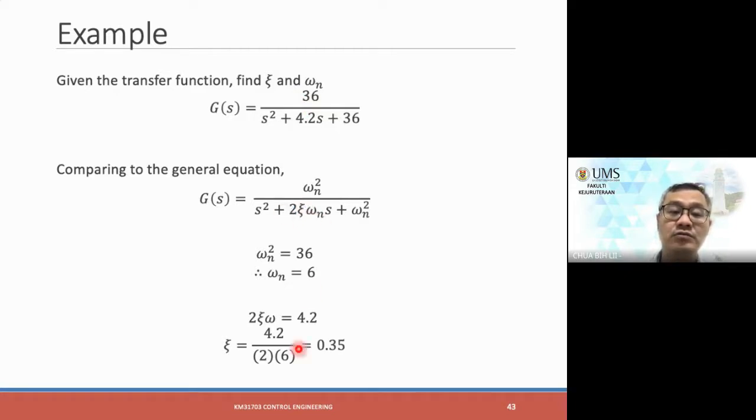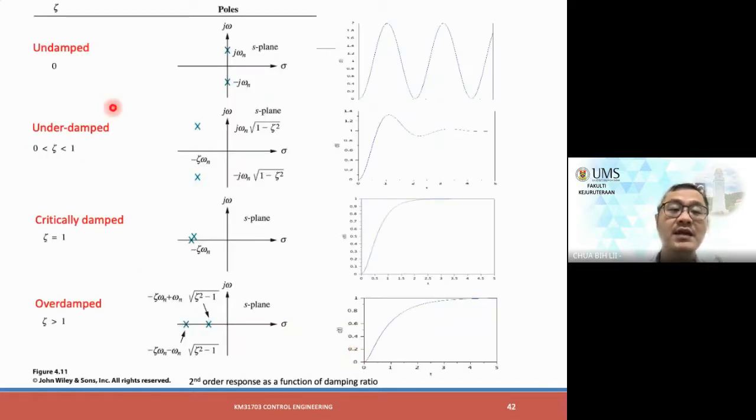Just solve these two equations simultaneously, and eventually the damping ratio would be 0.35. From 0.35, it is in the range of an underdamped system. Therefore, we expect it to behave in this particular form and have the poles lying on the complex plane.